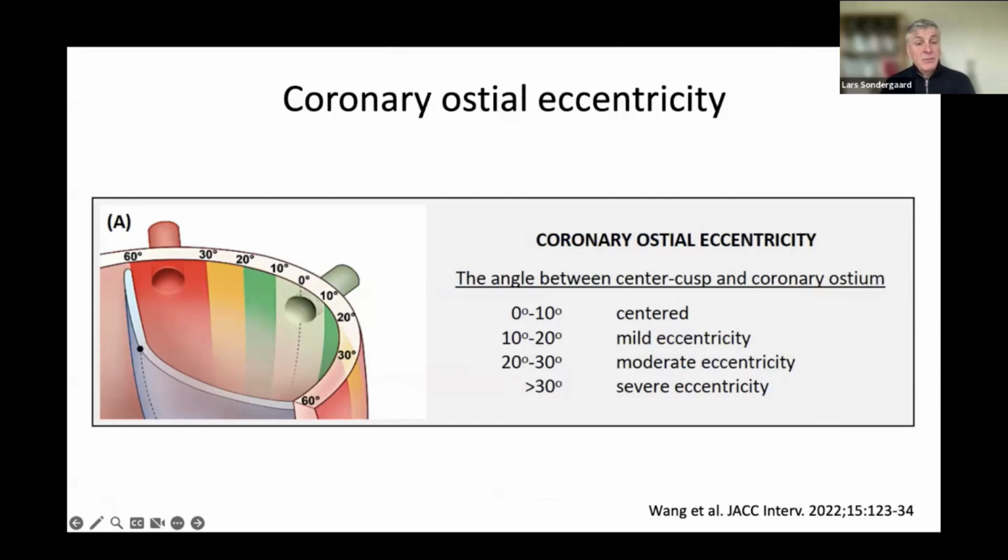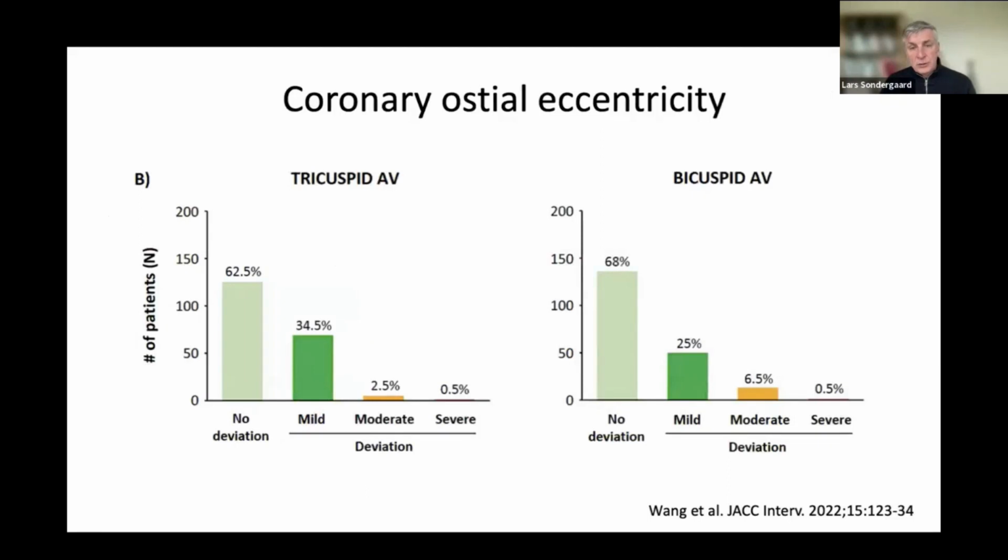That's particularly seen for the right coronary artery, that it's not taking off in the middle, but closer to the commissure between the right and the non-coronary cusp. We actually did a study here, 200 patients with tricuspid aortic valve and 200 patients with bicuspid aortic valve. You can see for patients with tricuspid valves, about 3% have moderate or severe coronary ostial eccentricity. And if you go to bicuspid valve, it's 7% of the patients. So here you need to modify the technique a little bit.